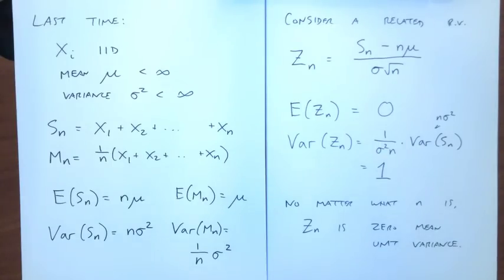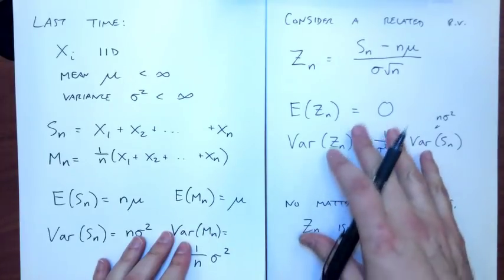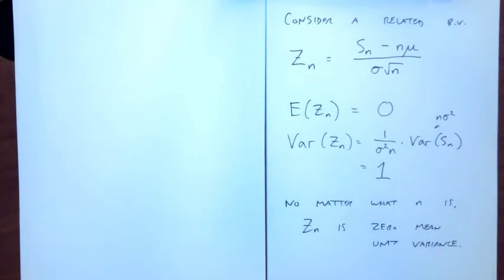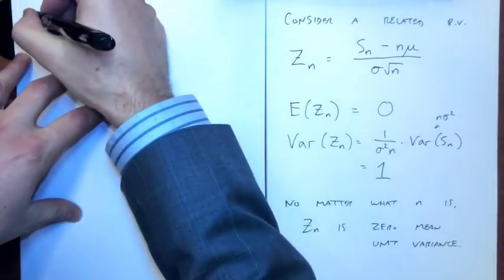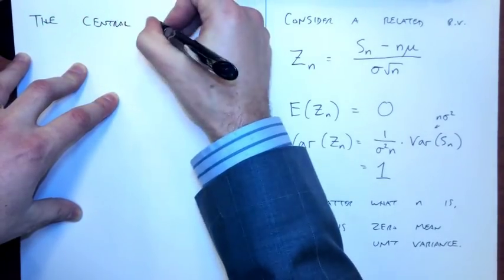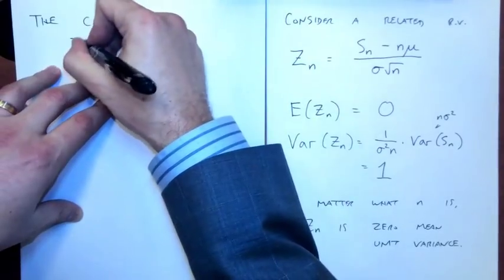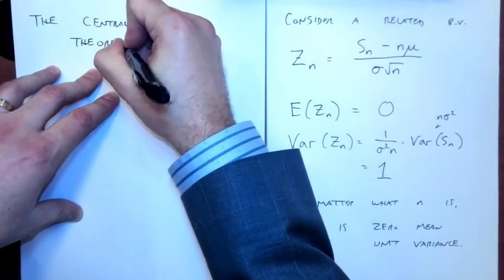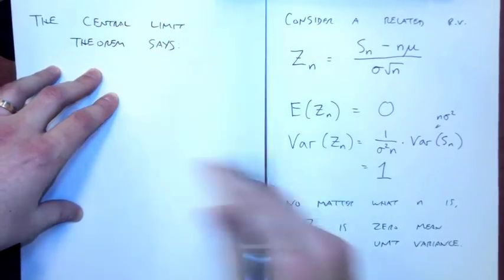All right, so here is the punchline. Here is the central limit theorem. Now we're going to talk about this specially normalized version. The central limit theorem says something about this Zn.